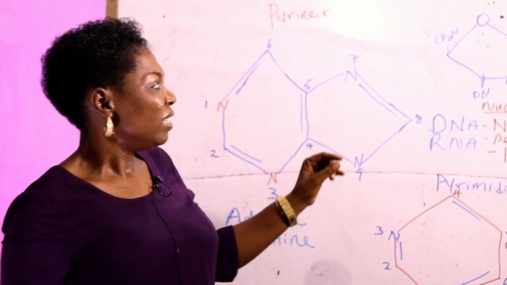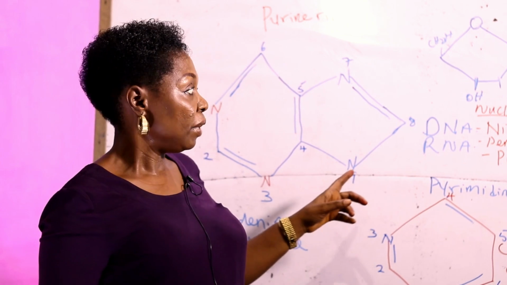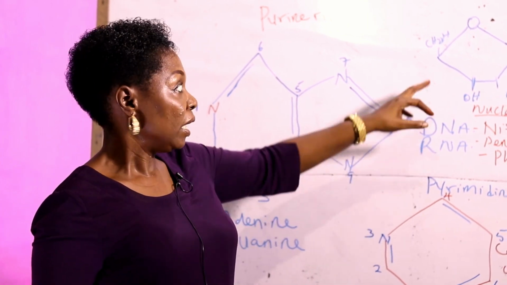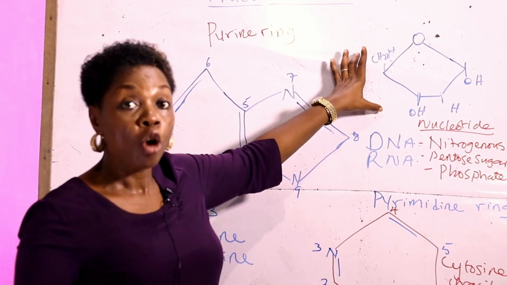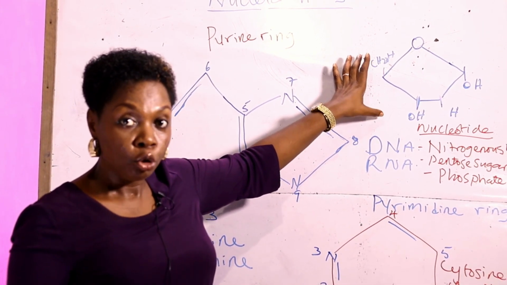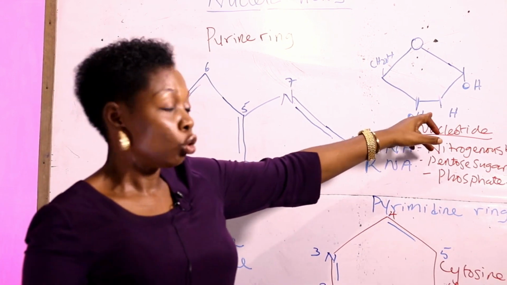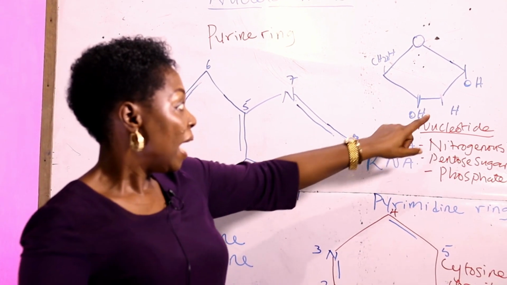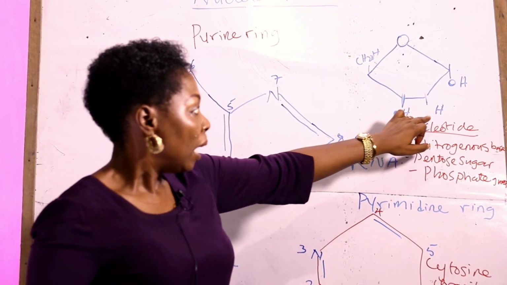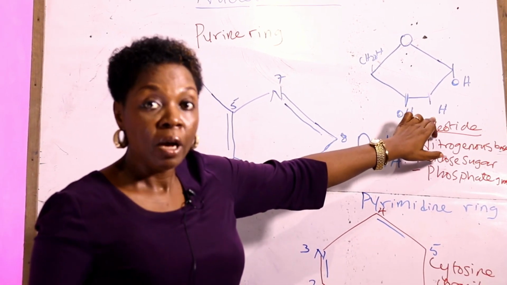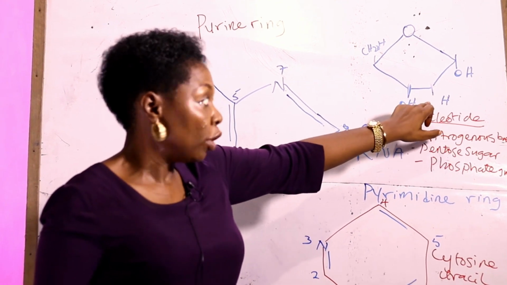So now, what is the structural difference between the DNA and the RNA? It is majorly resident in the structure of the carbon sugar at position 2. The DNA has the hydroxyl group taken off, and you have hydrogen at point 2.